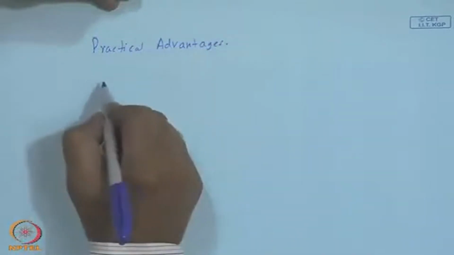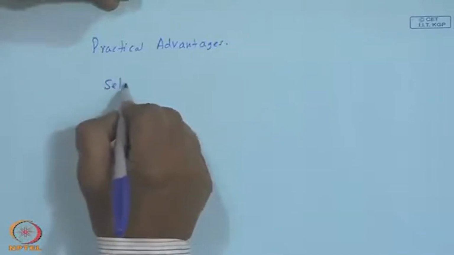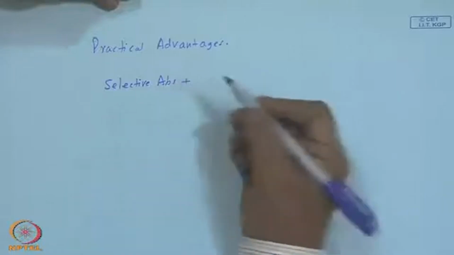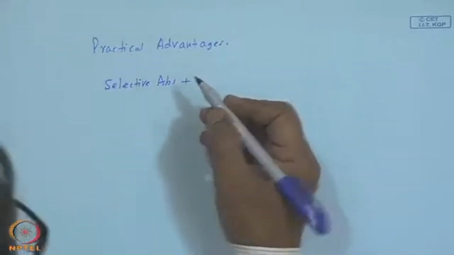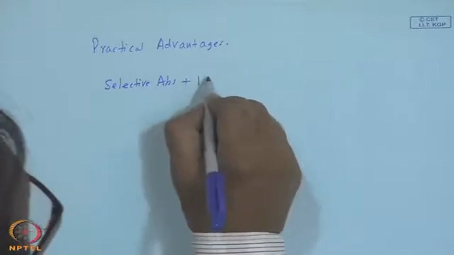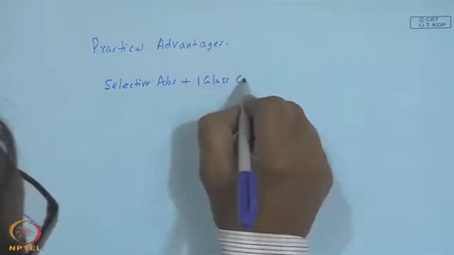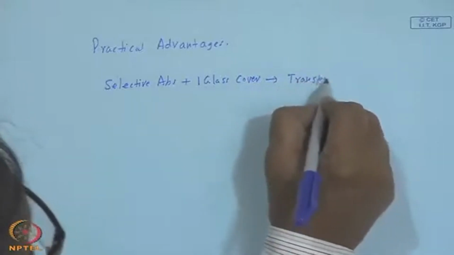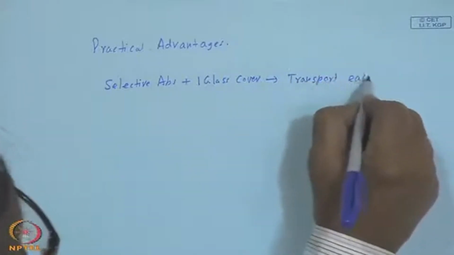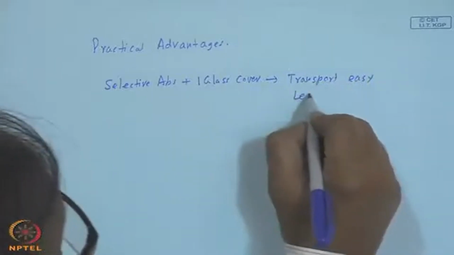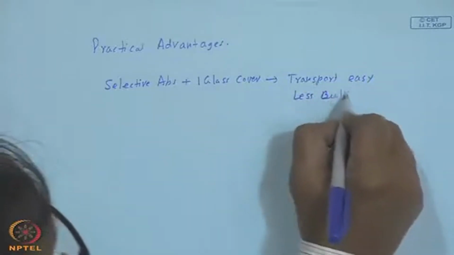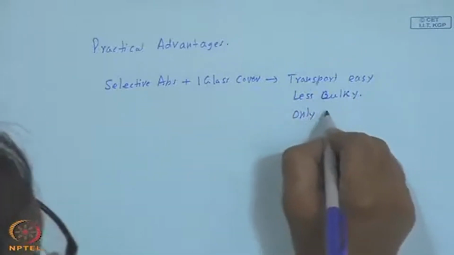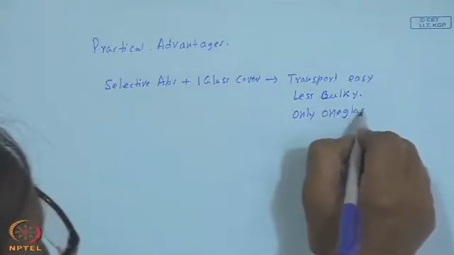If you have a selective absorber, assuming that the costs are comparable, generally they are, plus 1 glass cover, transport easy, less bulky, in other words, and only 1 glass to break.